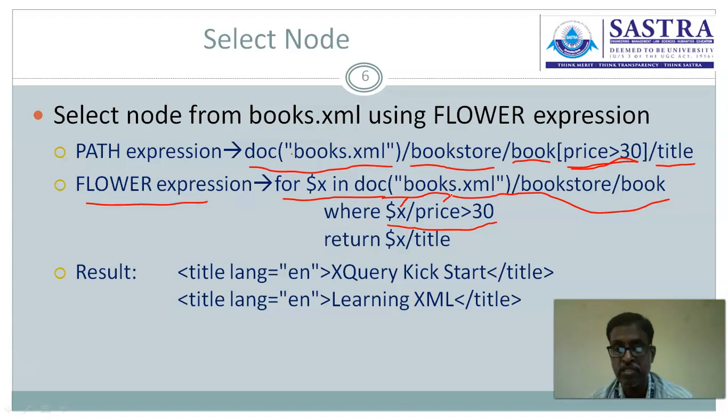Return $x/title. What do we need to return? After doing that comparison, after applying that where condition, we are going to return the title alone. So return $x/title. The result is, as per our XML document, the titles XQuery Kick Start and Learning XML; these two books satisfy price greater than 30.